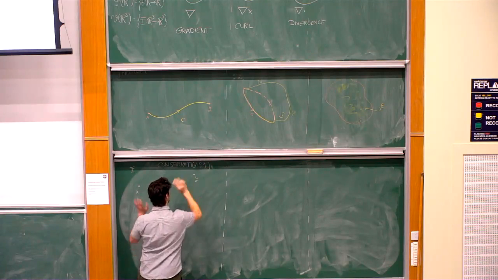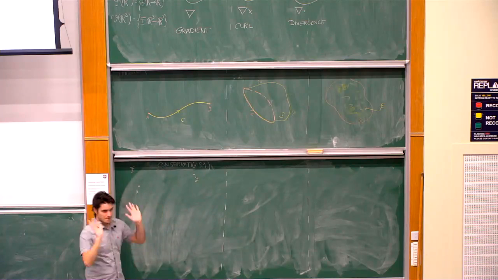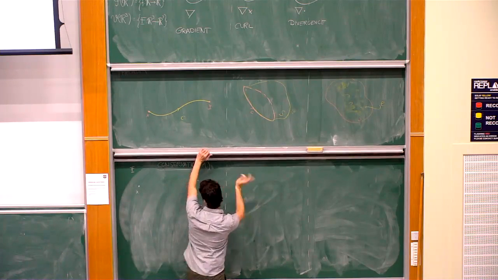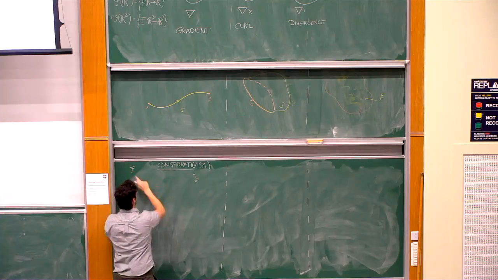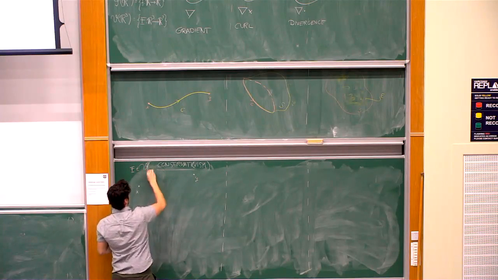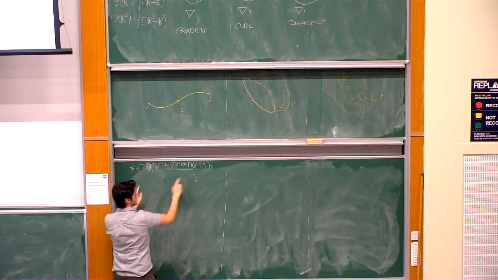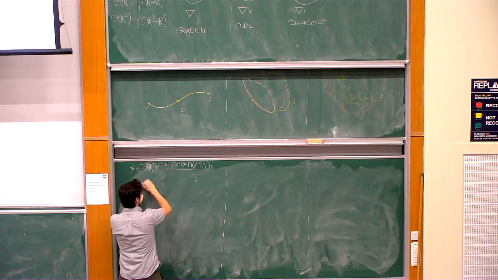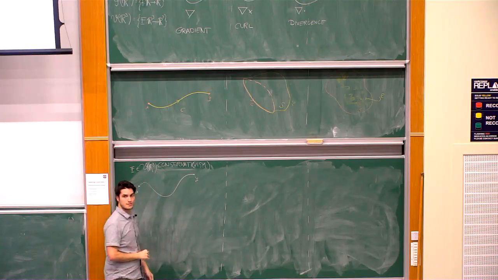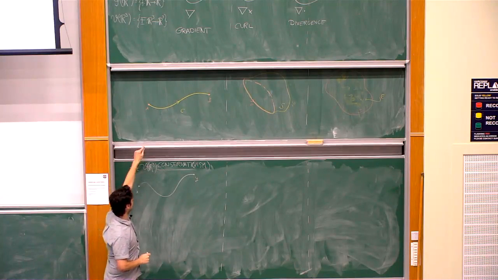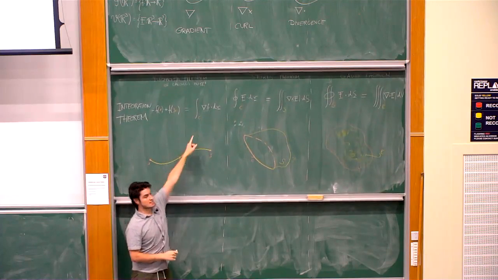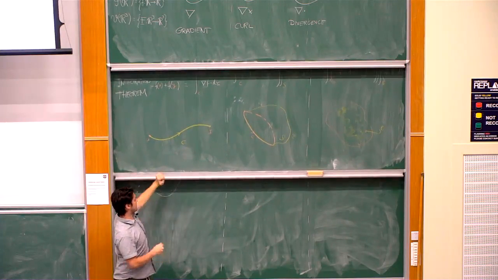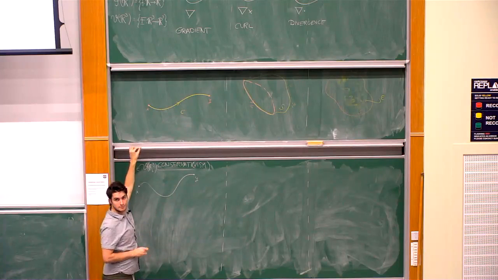The quality of being conservative, let's feel it later. So if I give you a vector field f and two points in R3, I might ask you, what is the line integral over this curve? Well, actually, if f is precisely the gradient of a function, then all you have to do is evaluate that function at the endpoints.